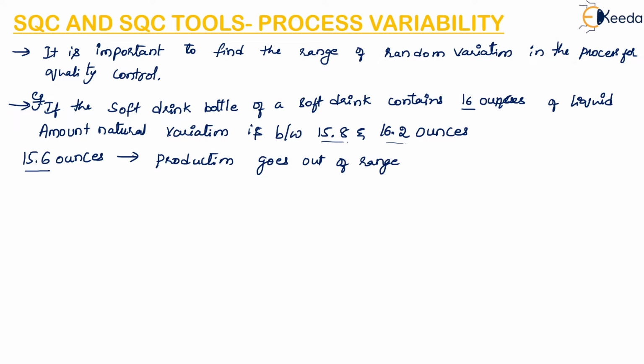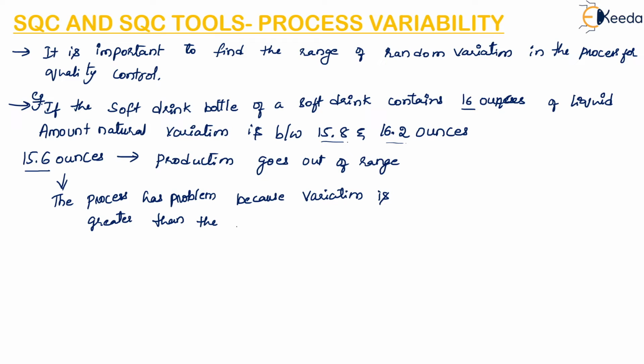Then it will lead us to believe that there is a problem with this process, because the variation is greater than the natural random variation.